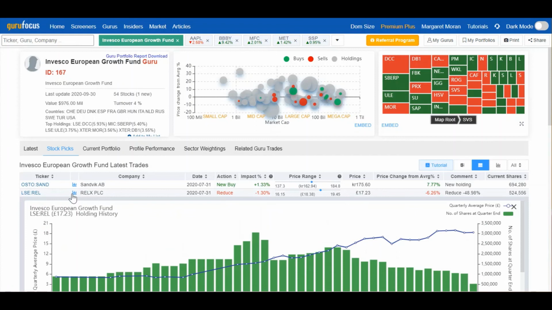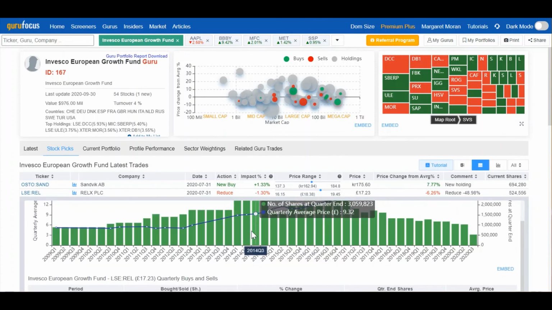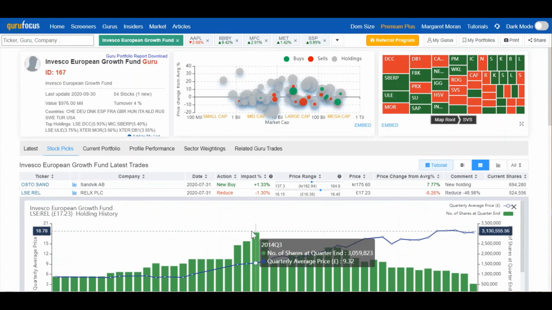Clicking on the little graph next to the stock ticker will take you to a detailed graph of the holding history. The green bars represent how many shares of the stock the Guru owned each quarter, while the blue line tracks the stock price. Please note, it does not follow the stock price exactly.